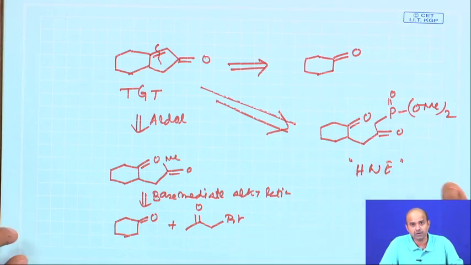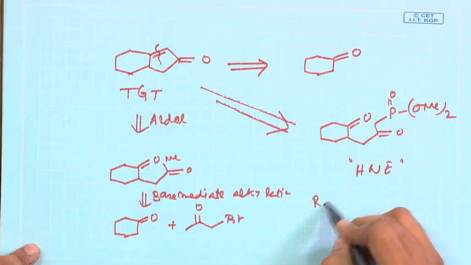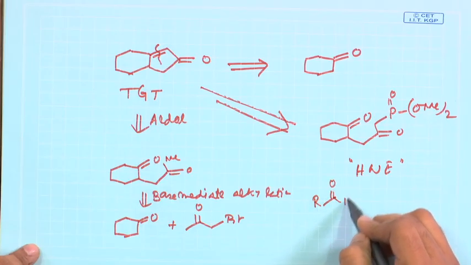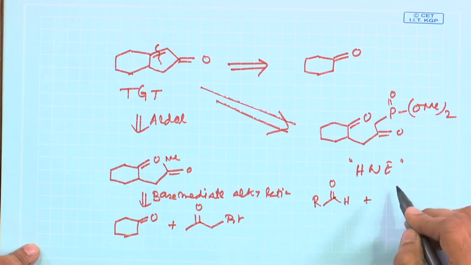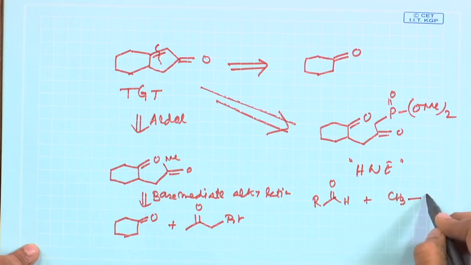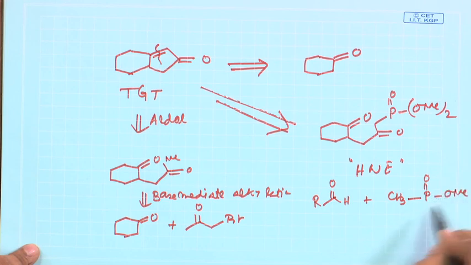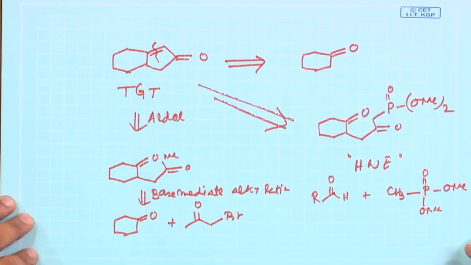We react an aldehyde or carbonyl compound with a Wittig halide, but here we will be reacting an aldehyde or carbonyl compound with a phosphonate ester. Now, a phosphonate ester is basically something like this. The mechanism is in principle similar.